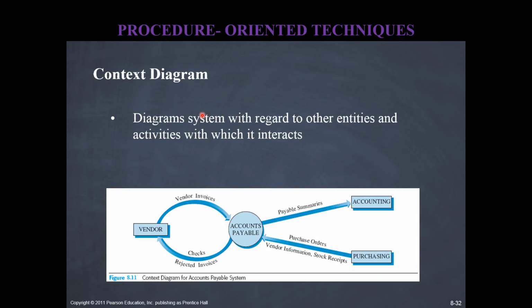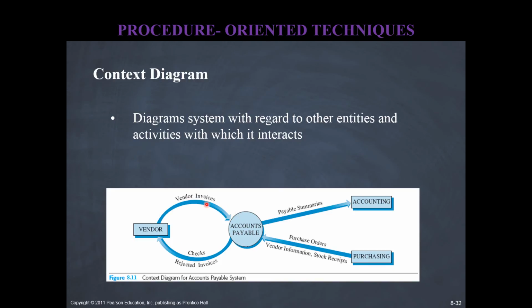Now, one simple example of a procedure-oriented technique for creating logical models is the so-called context diagram. Context diagram means the essence of the new system. So here we have the following description. We have several participants in the system. We have a vendor, we have the accounting department, we have the purchasing department, and then there is a process in relation to processing accounts payable.